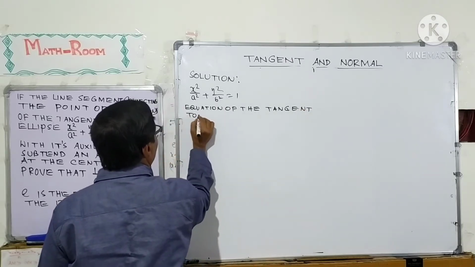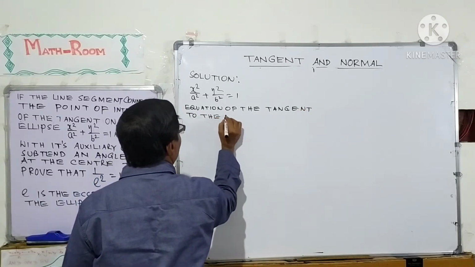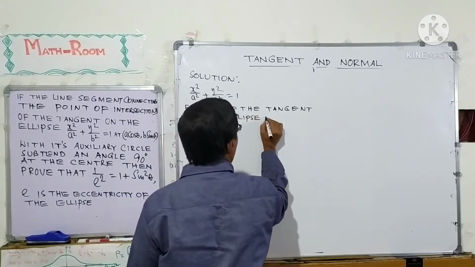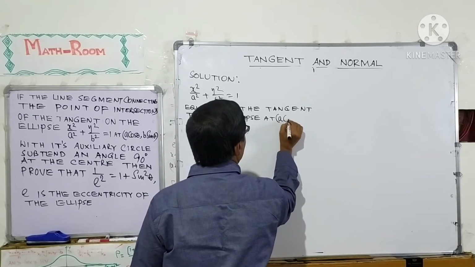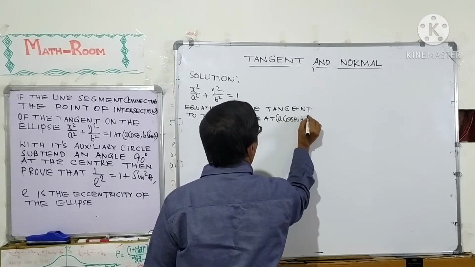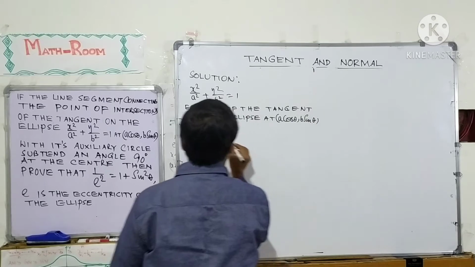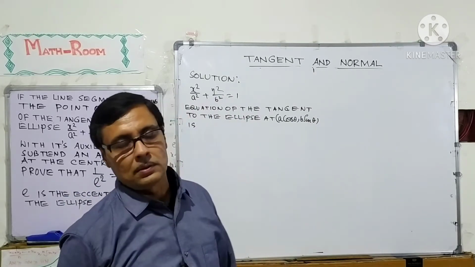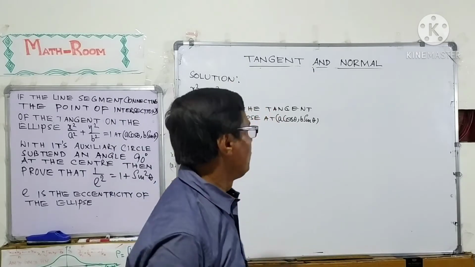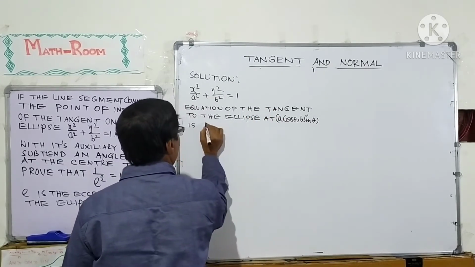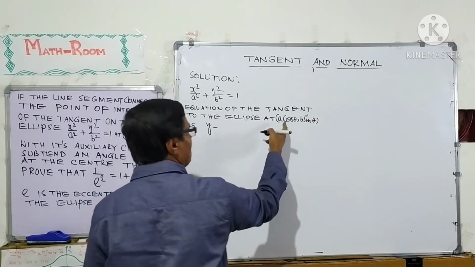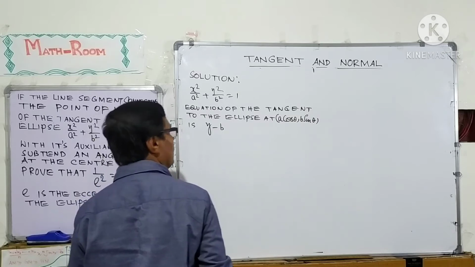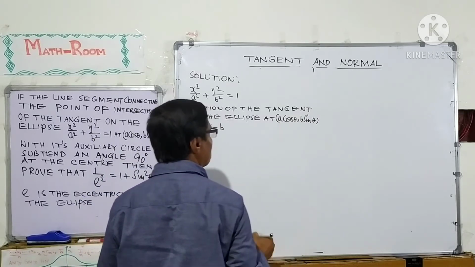The general equation of the tangent to any conic at a point (x1, y1) is y minus y1, where y1 is here b sin theta, and (x1, y1) is the point of contact, here (a cos theta, b sin theta).